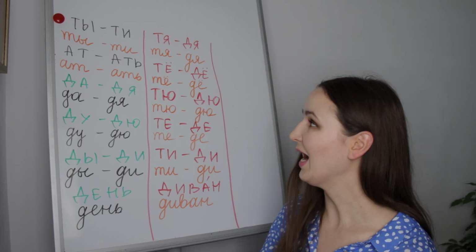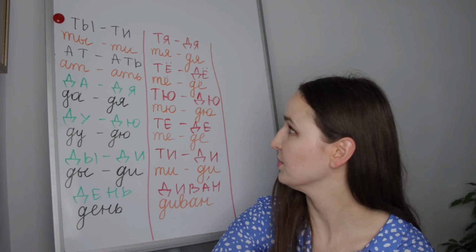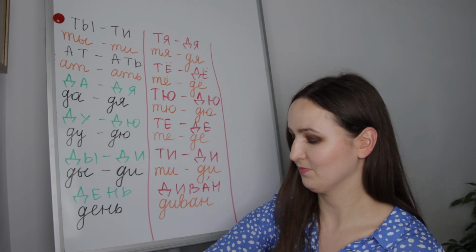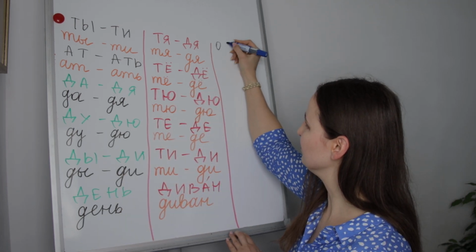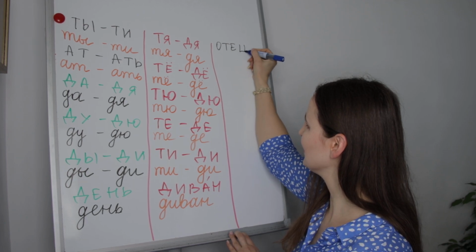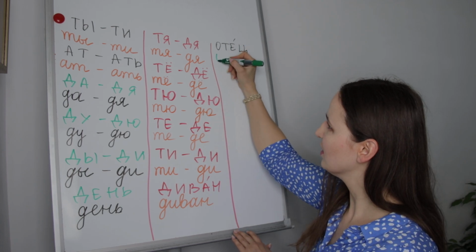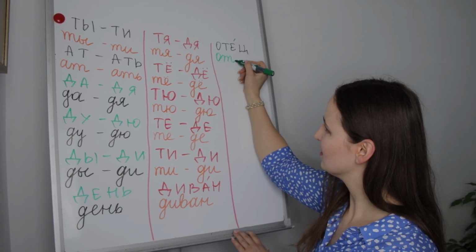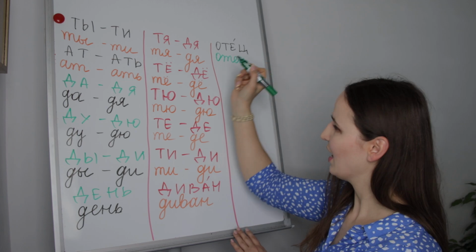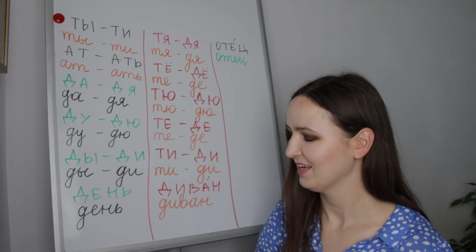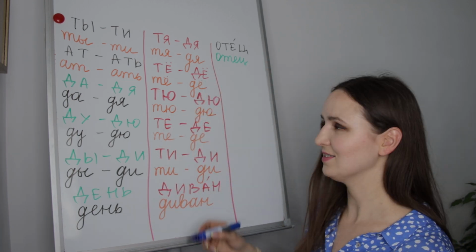First word is отец. Давайте напишем. Отец is father. Let's write it cursive. Отец. Next is мать. Mother.